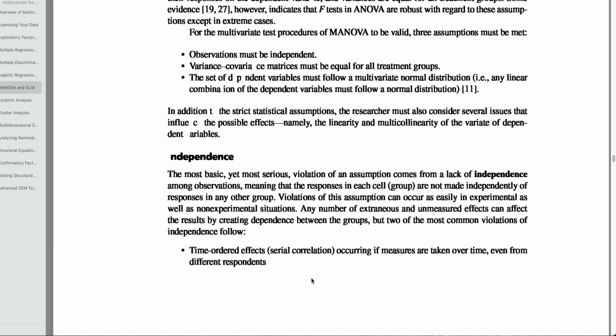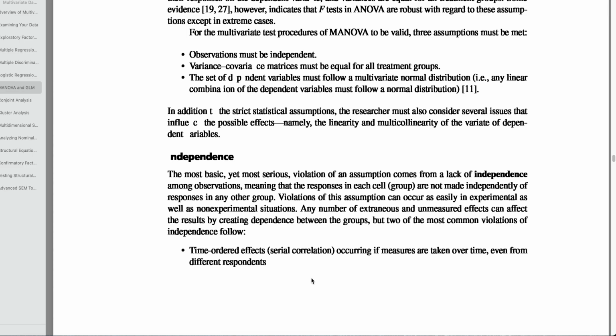Independence: the most basic yet most serious violation of assumptions comes from a lack of independence among observations, meaning that the responses in each cell group are not made independently of responses in any other group. Violation of this assumption can easily occur in experimental as well as non-experimental situations.